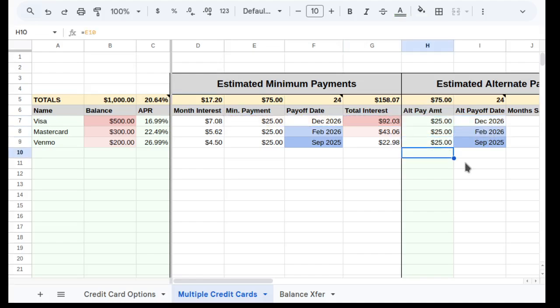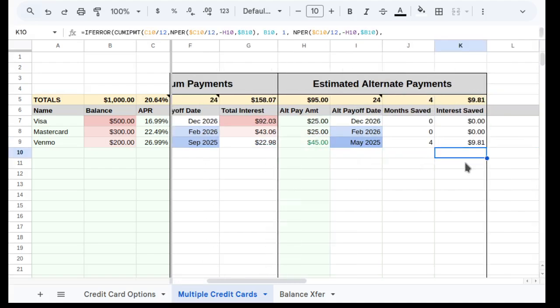So let's assume this is going to stay there, and we'll do the extra $45 here. So now you're saving only $9, but you'll be done in 5 months.